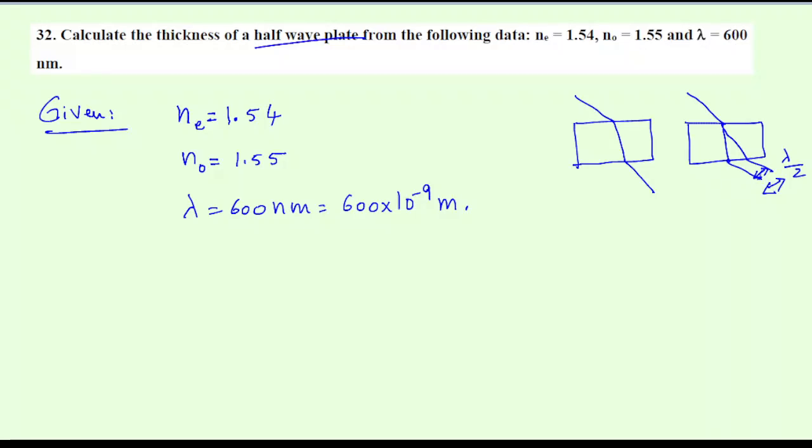The path difference between those two components is lambda by 2, or the phase difference between those two components is pi. So the formula can be written as refractive index for ordinary ray minus refractive index for extraordinary ray multiplied by the thickness, and it is equal to lambda divided by 2.